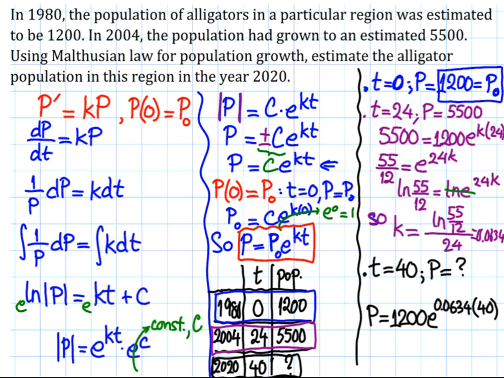We have 15,175.75. We can round up to 15,176.